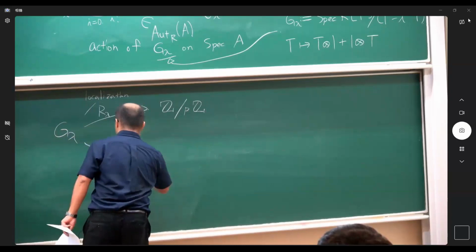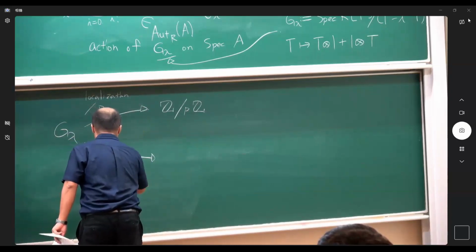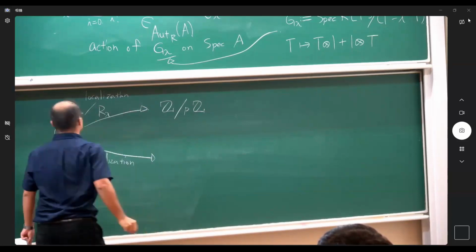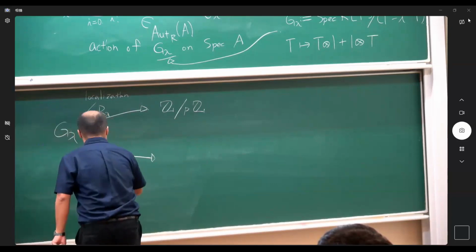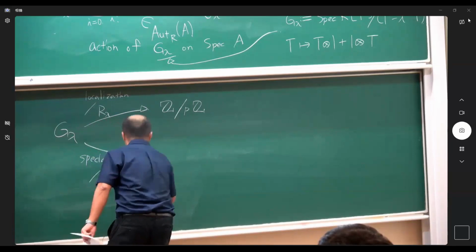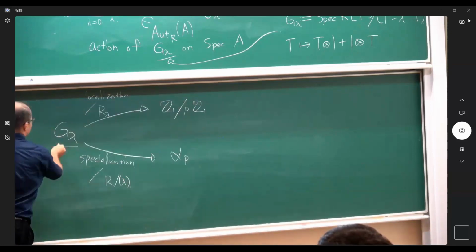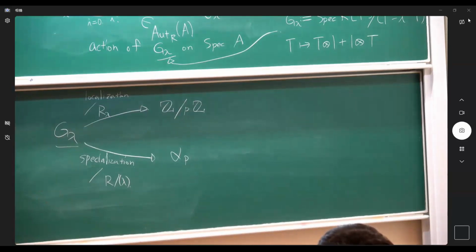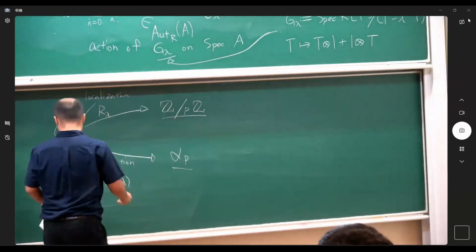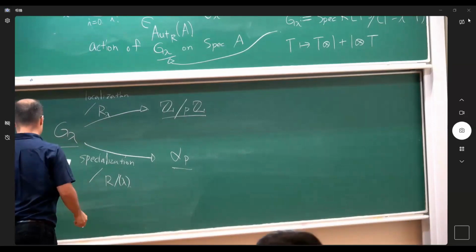And specialization by the ideal generated by lambda, then we obtain alpha p. So this is a degeneration of alpha p to Z/p. This is a total space.